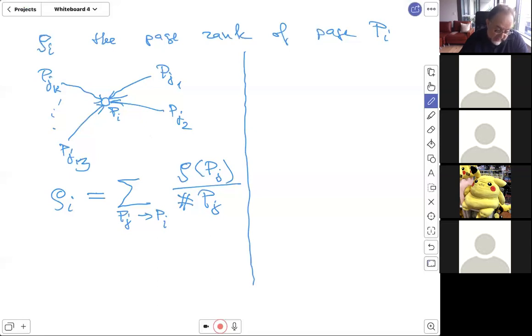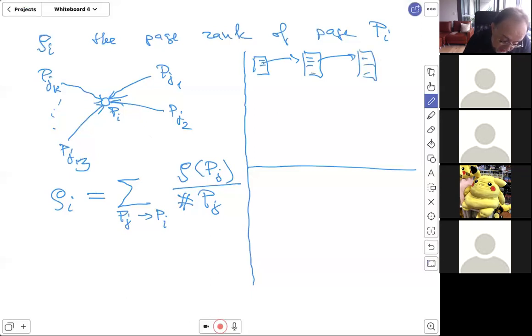So the other two intuitions are: you have a surfer that starts at a random web page, follows a link to another web page, right? Follows a link to another web page, and so forth.